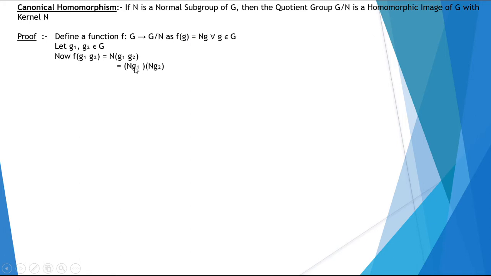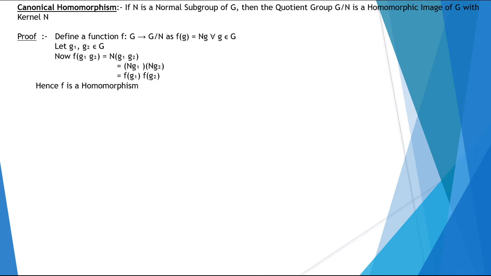So we can write f of g1 instead of Ng1 and f of g2 instead of Ng2. So f of g1 g2 equal to f of g1 into f of g2. Hence f is a homomorphism.